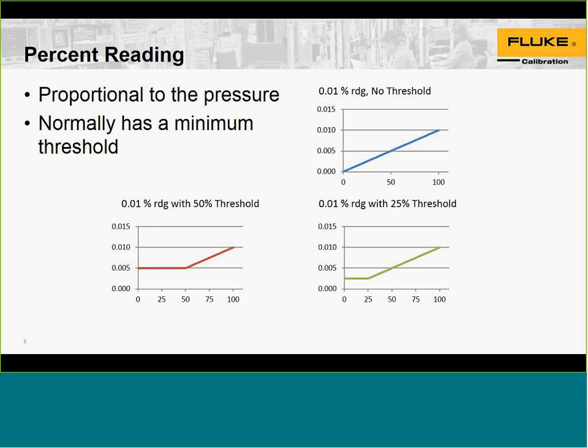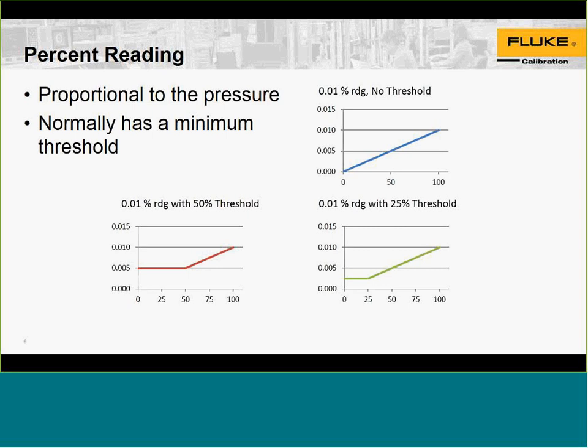As you can see in the top right blue plot, from 0 to 100% of full scale, or kPa, however you want to interpret this graph, as I go up in pressure, the specification is linearly proportional to that. The problem I've noticed is that at 0 or lower pressures, like at zero pressure if it's a gauge sensor, you have no specification because it's 0 times 0, which is 0.